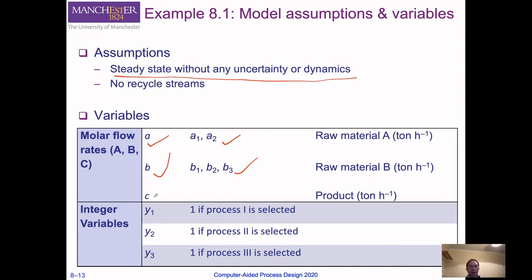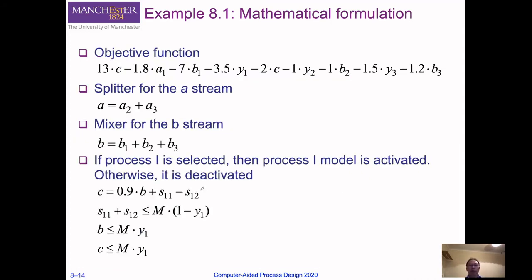And then we define the flow rate of product C. As we want to determine which process or plant is selected, we define integer variables y1, y2, y3 to denote if a process is selected or not. Then we can develop a mathematical formulation for this example.